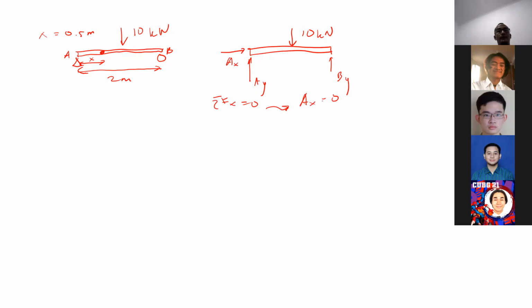Then after that, by implementing sigma moment at A equal to 0, what we will get here? BY. Yeah, BY, correct. But would you mind to help me with the equation?